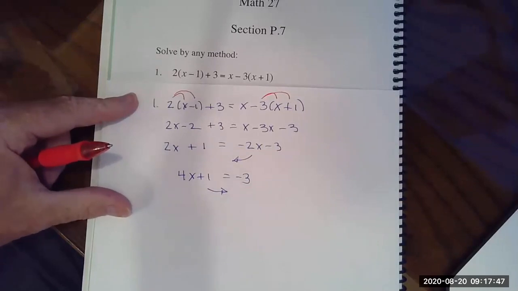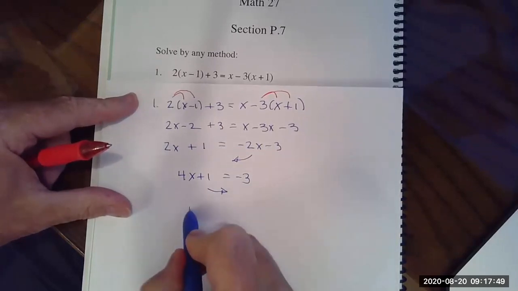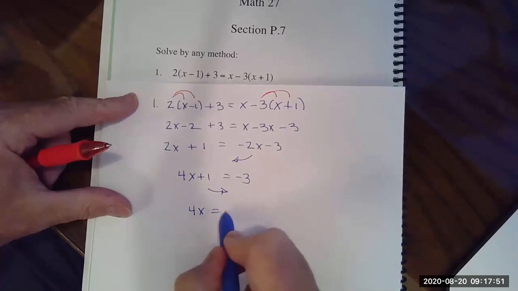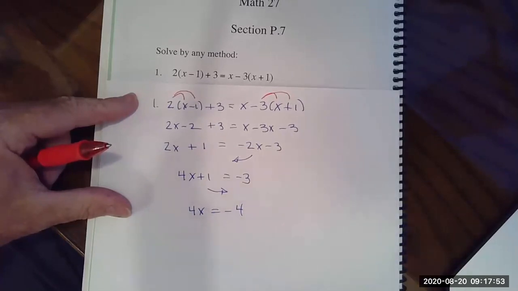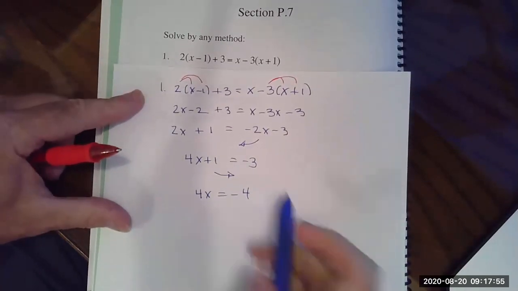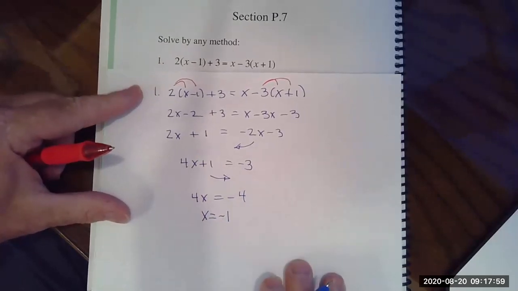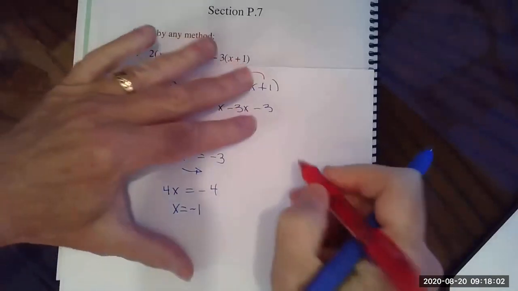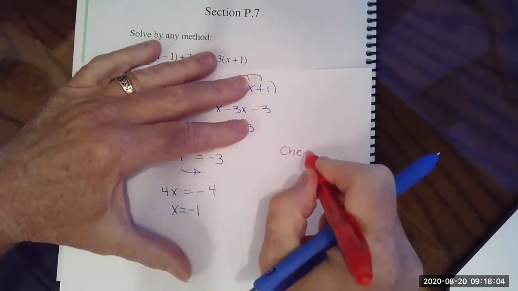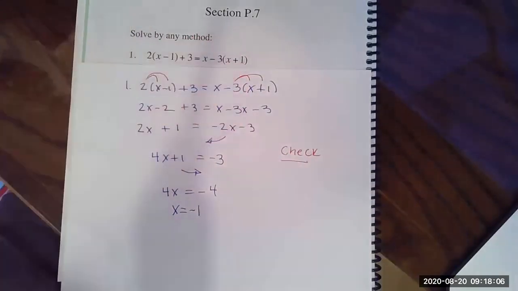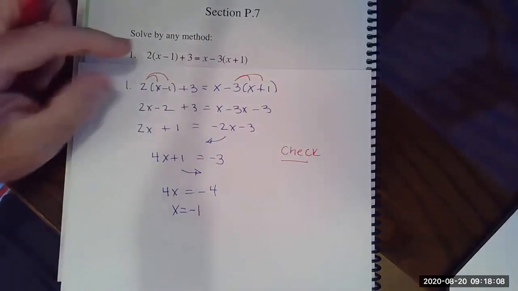So that's subtracting 1. And then dividing by 4, you get x equals negative 1, maybe. I'm going to do a check over here. So before I box that, I'm going to at least check it.